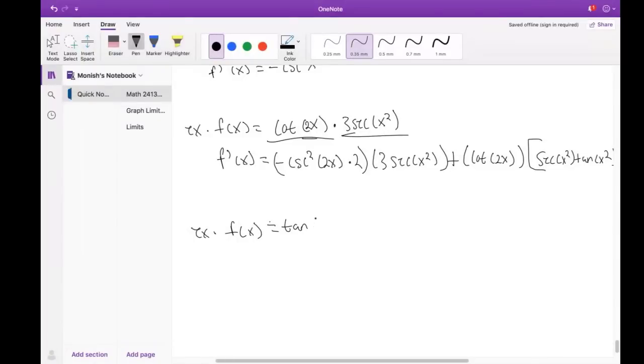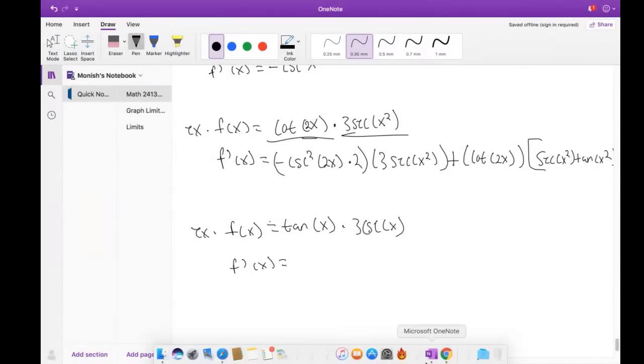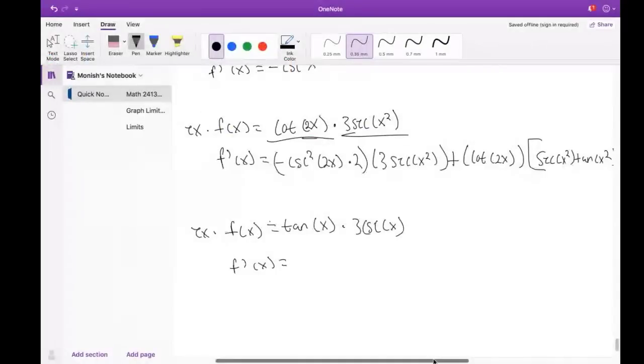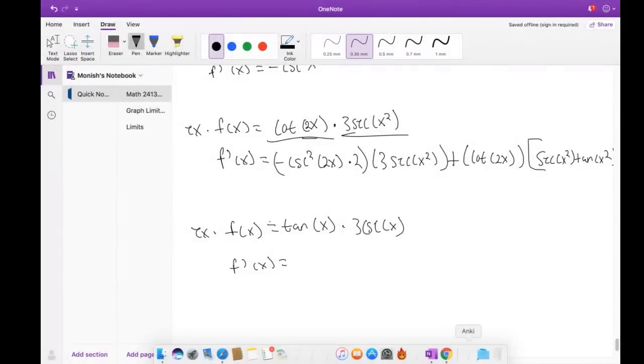So tan x times 3 cosecant x. You guys should be able to solve this one without chain rule. I'll go through this one really quickly.